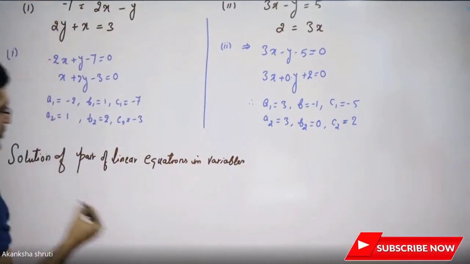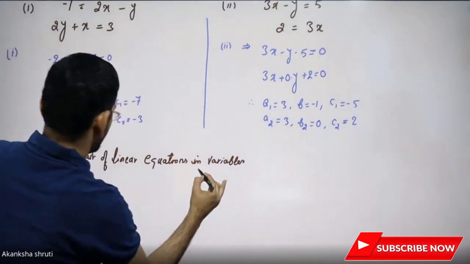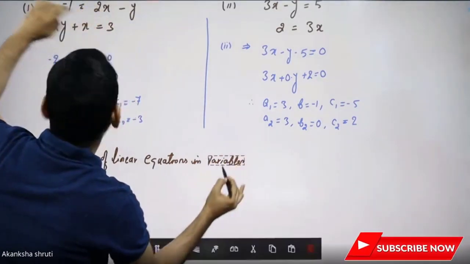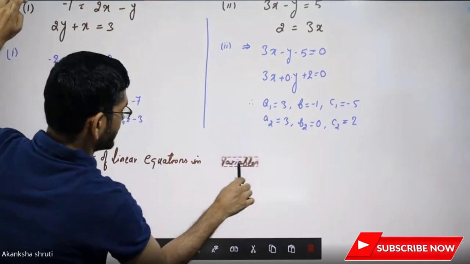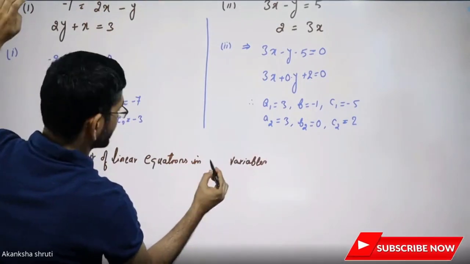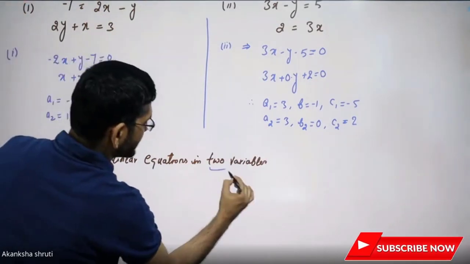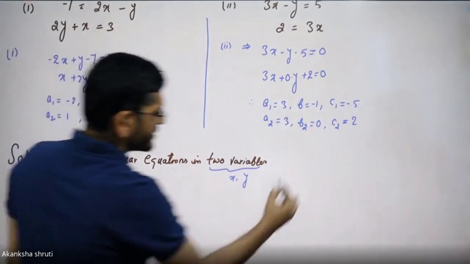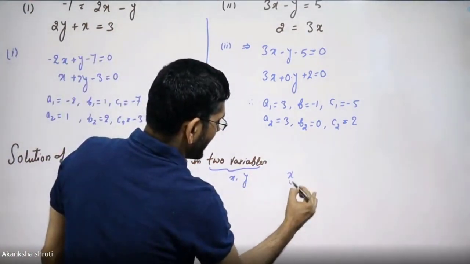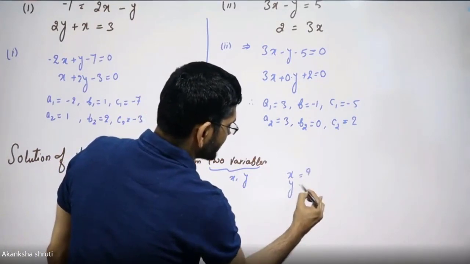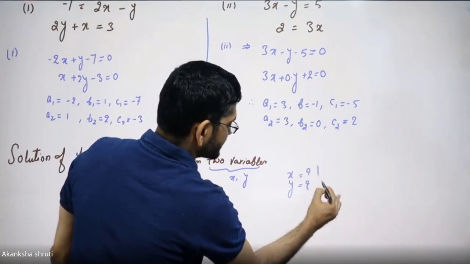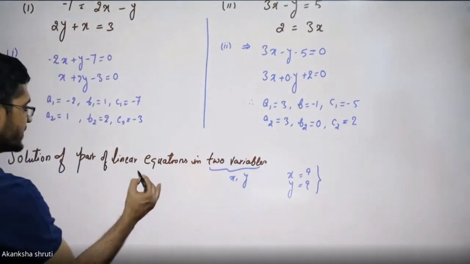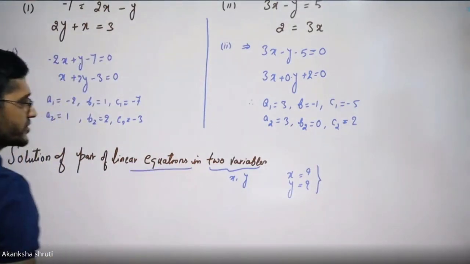So the solution here, we have two variables, and solution simply means the value of x and y. So we need to find the value of x and y. Both these values we need to find pairwise, which must satisfy the given equations.